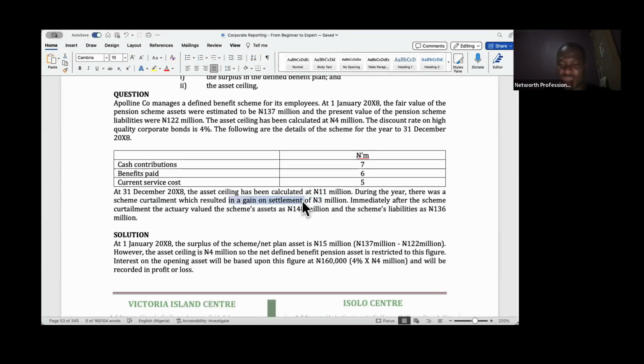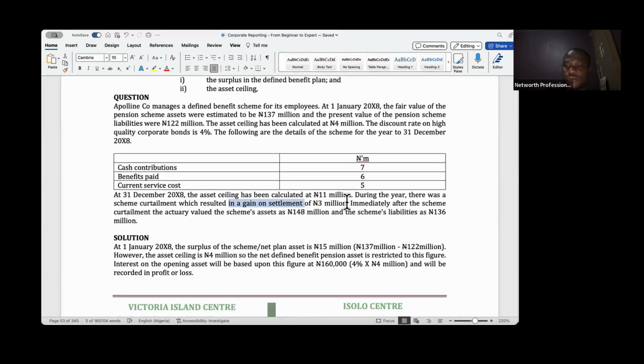They didn't give us, okay, this is the amount of obligation you need to raise, this is the settlement price. They didn't give us that. They just gave you the settlement straight. That is the gain on settlement. But you need to understand that for us to have a gain on settlement of 3 million, that means the obligation must be higher than the asset by 3 million. That's why we made a gain, because we settled for less. Note that, because I will need it.